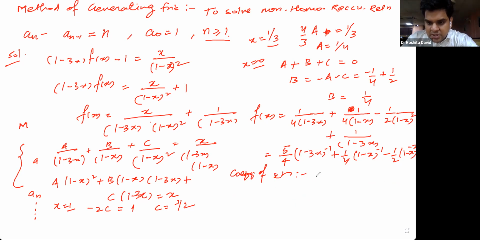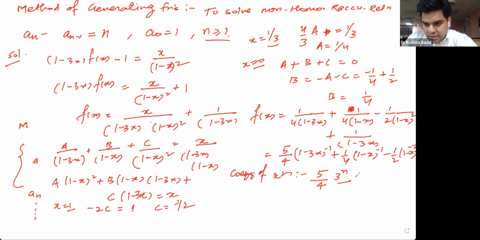So the nth term will be 3x to the power n, so 5 by 4, 3 to the power n. This is going to be the coefficient of x to the power n for this term.